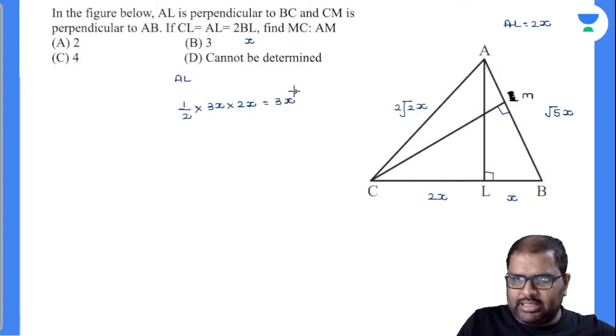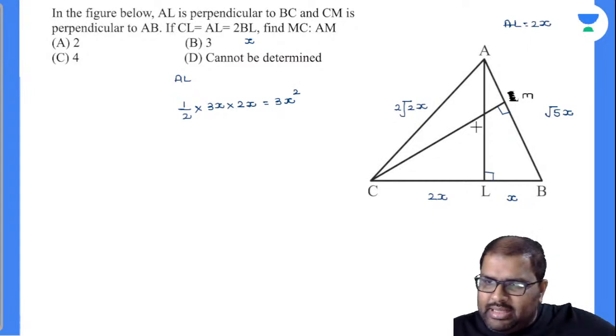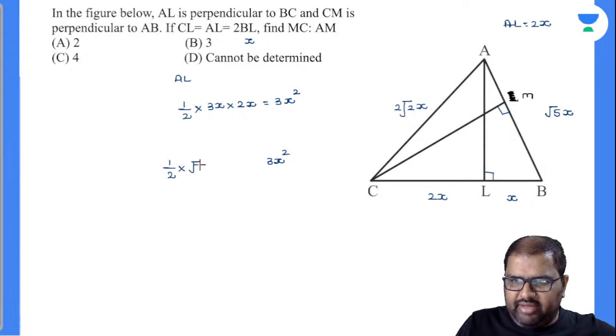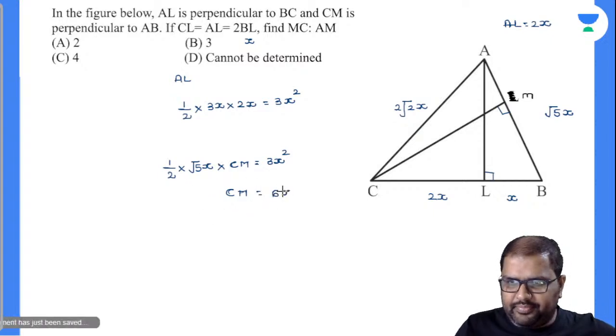If I take my CM value as perpendicular, my area of the triangle will be the same. There will be no change, but my base value will change. It will be half into root 5x into CM, where altitude value is CM. So CM value is equal to 3x square now, so CM will be 6x by root 5.